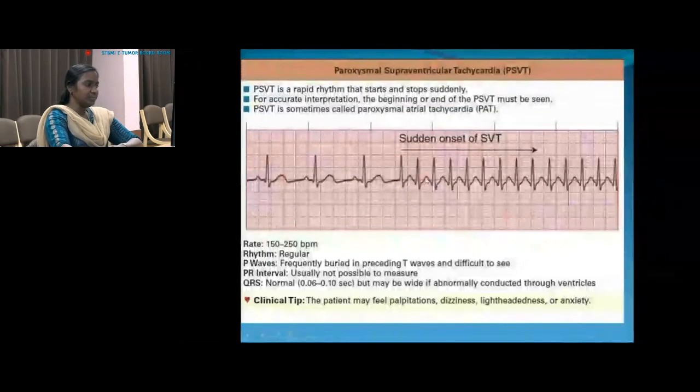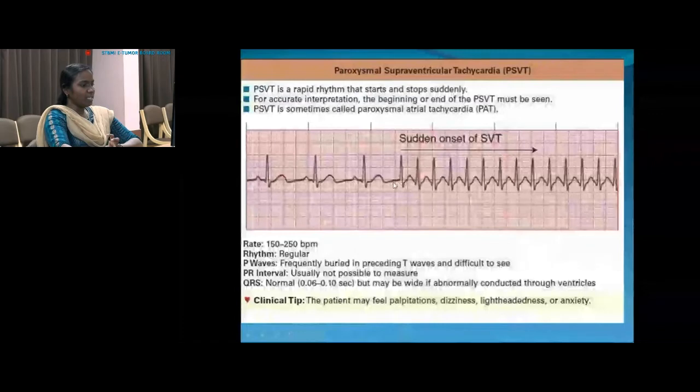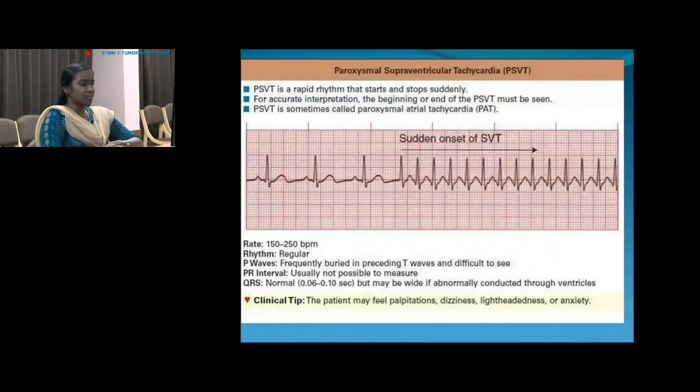The QRS interval may be normal, and sometimes it may be delayed or widened if the conduction is delayed, but very rarely. Usually the QRS pattern and duration will be normal in PSVT.